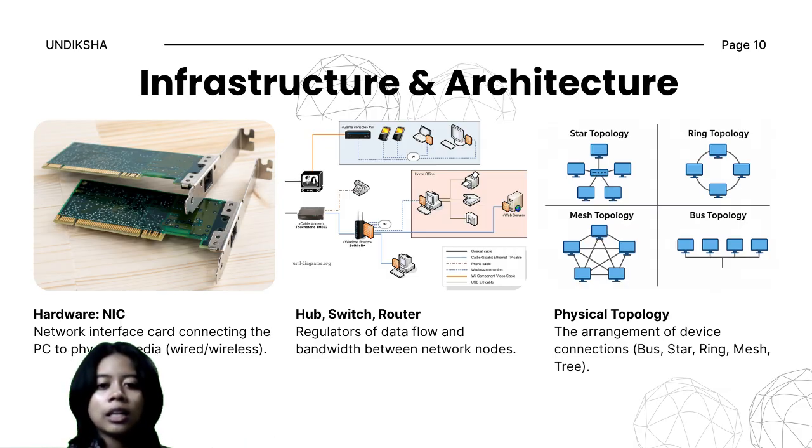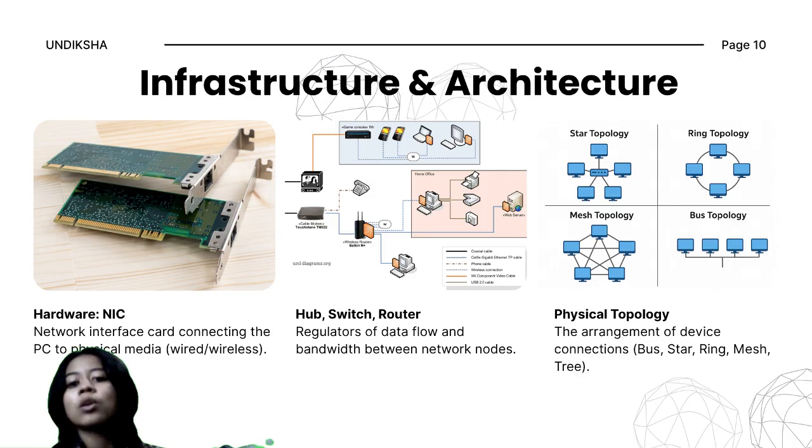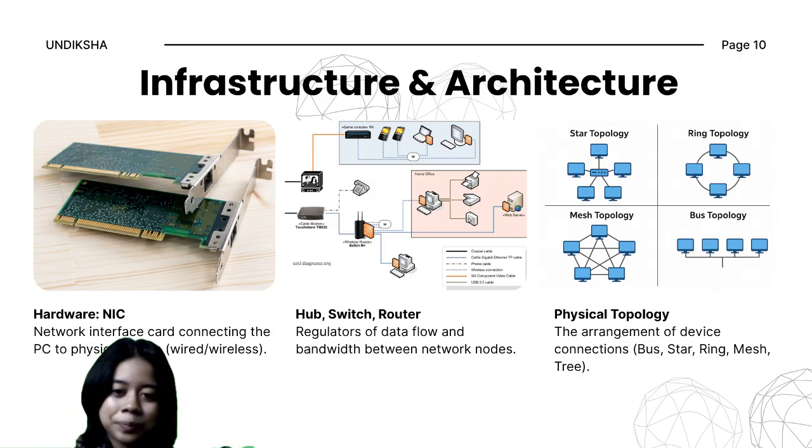The NIC is a hardware circuit board embedded into a device motherboard that acts as the essential physical gateway, converting internal computer data into signals that can be transmitted across a physical wire or the wireless wave spectrum.